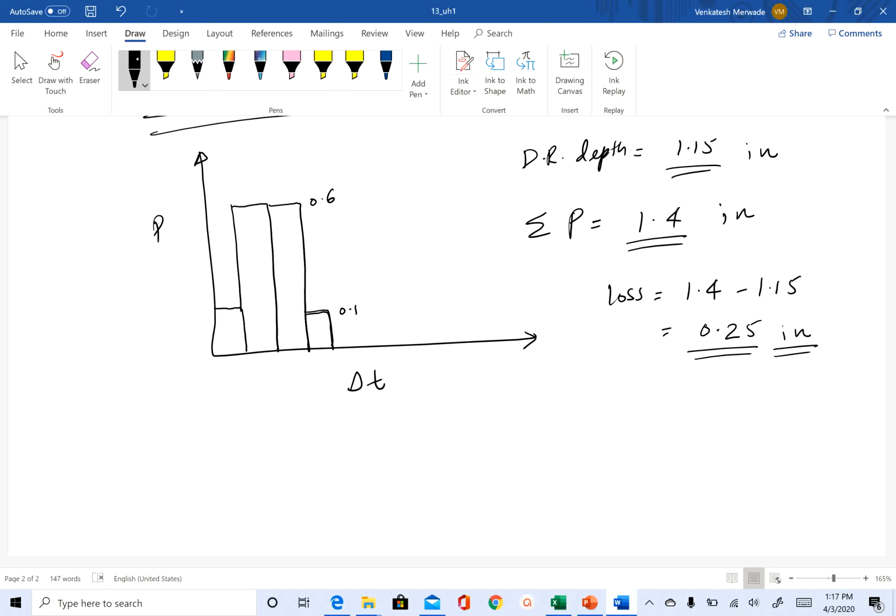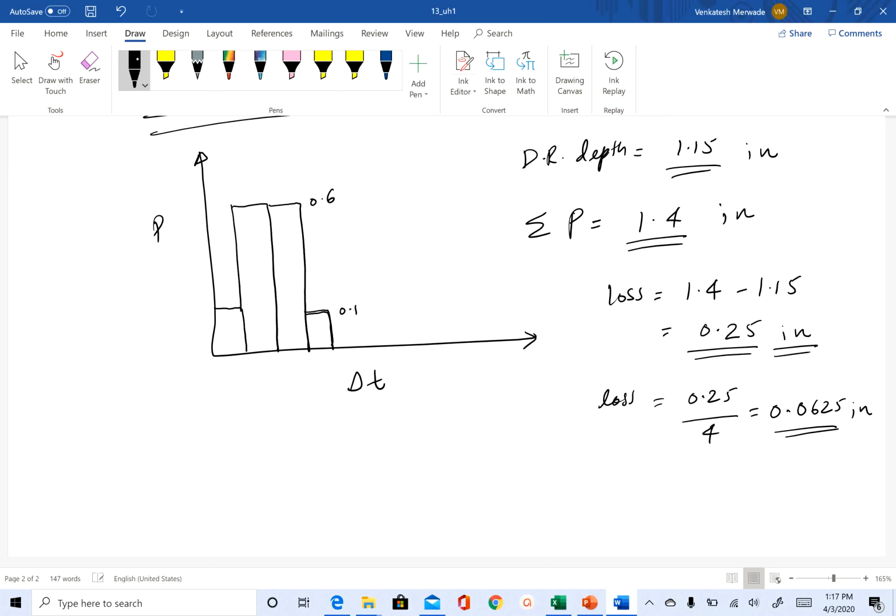Okay, so in this case we have 4 pulses, so loss is 0.25 divided by 4 for each pulse. It's 0.0625 inch.